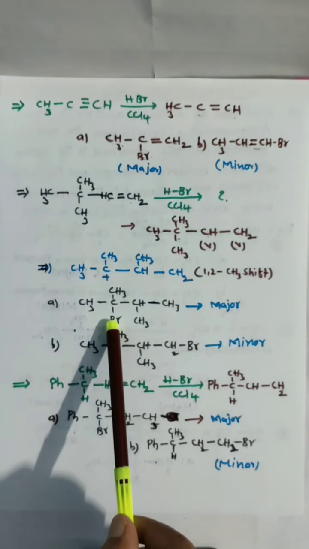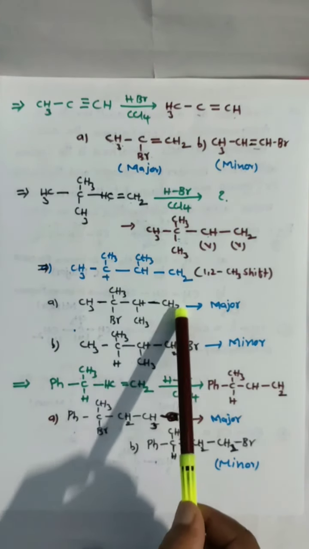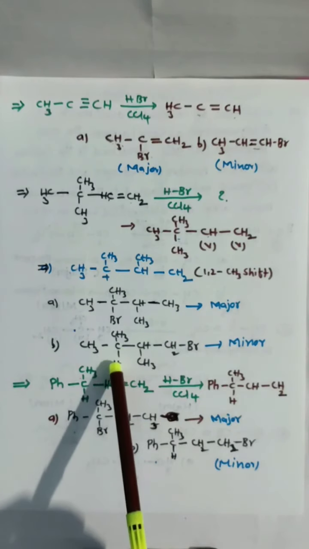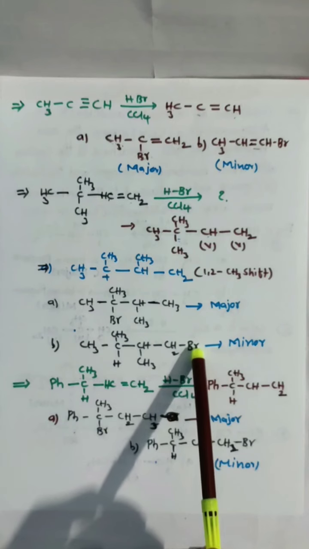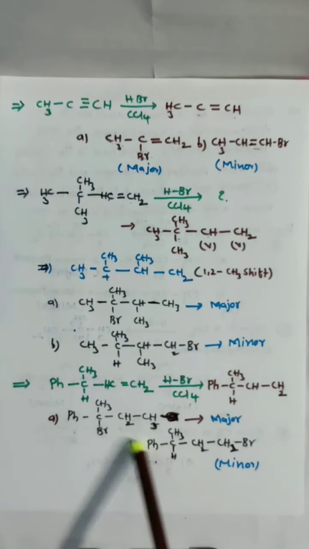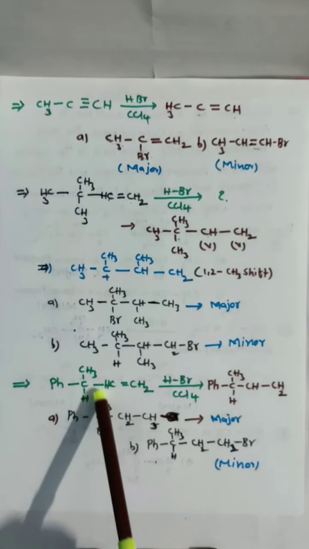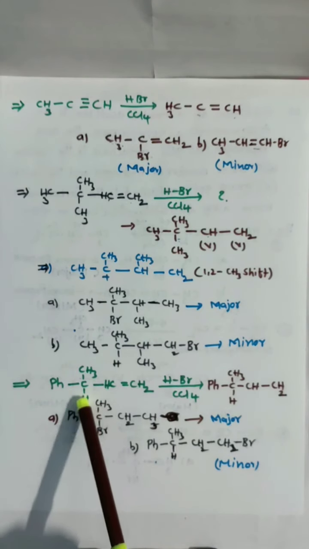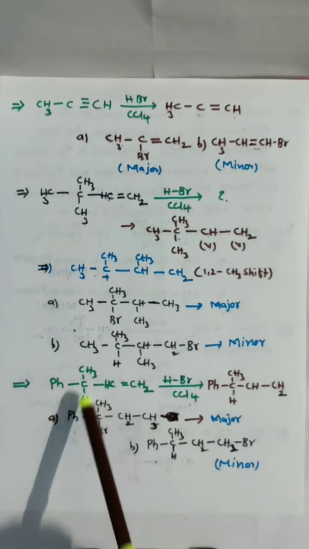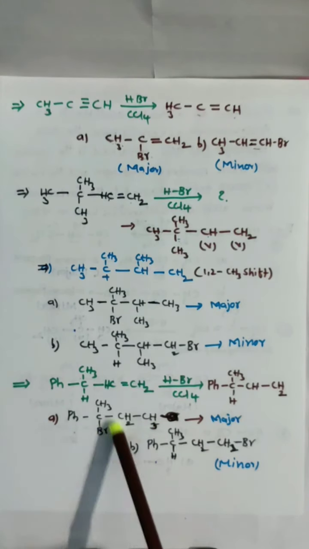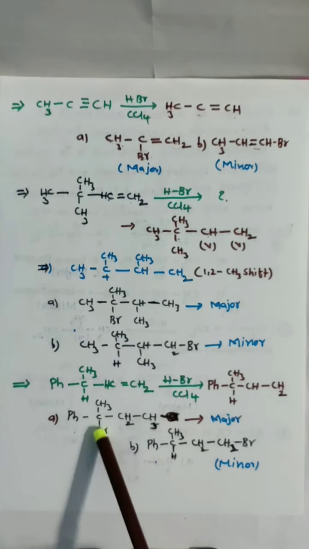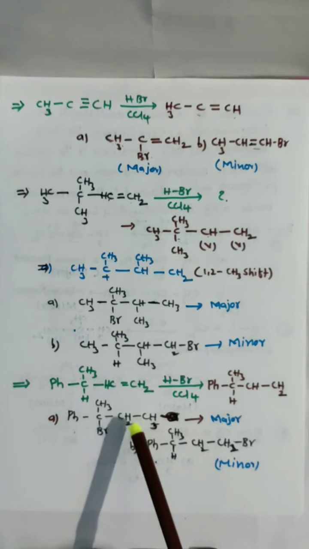Here bromine gets attached, then CH3 here, hydrogen attached here and bromine here. Similarly with the phenyl group, here we have the vacancy. We did a hydride shift, shifting hydrogen to here. Then we got a free vacancy, a carbocation. Clear? So bromine gets attached here, hydrogen here.